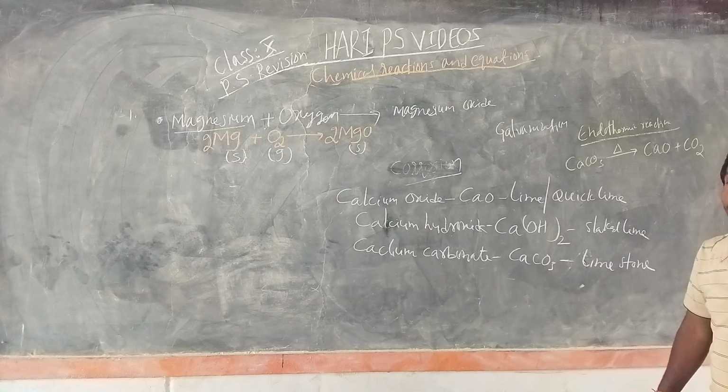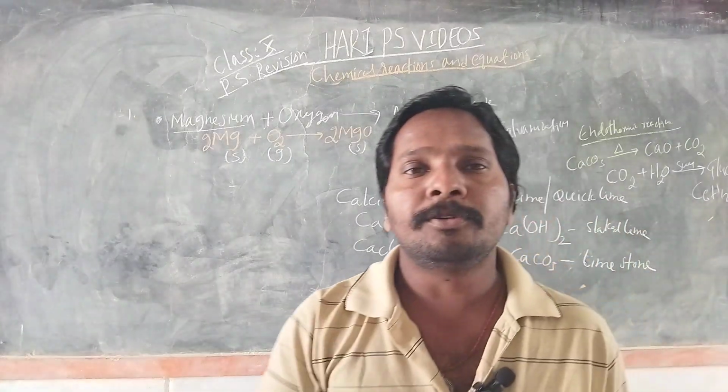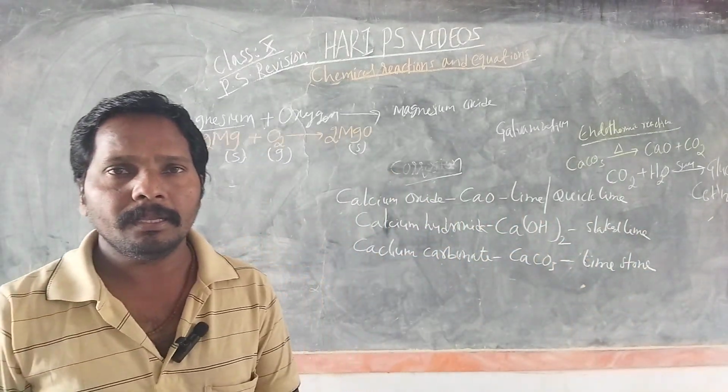Now why is photosynthesis called an endothermic reaction? Carbon dioxide reacts with water in the presence of sunlight and gives glucose, C6H12O6. The photosynthesis reaction is carried out by absorbing sun energy.